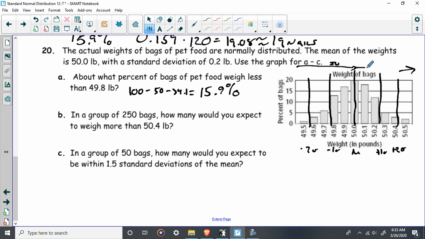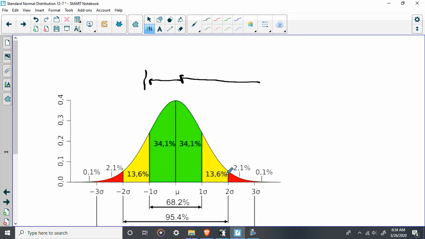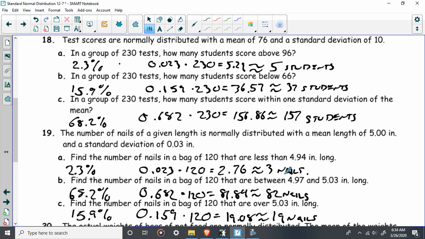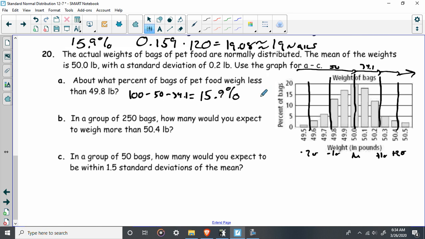And then we had the numbers we should be getting familiar with, 34.1%. And then is it 16.2? No, sorry, 13.6. So 34.1%, another 13.6. And this is what we're trying to find, the bigger part.